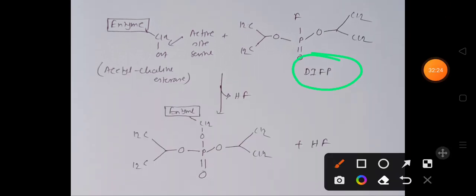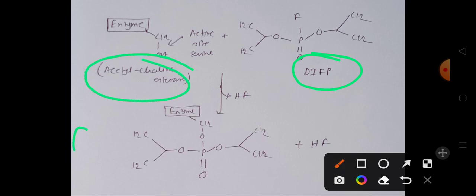This kind of organophosphate has the ability to react with enzymes having an OH group in their active site. OH group means, let's consider serine, okay. So an important enzyme for nerve impulses, for example acetylcholine esterase, is inhibited by diisopropyl fluorophosphate, and that is why we call diisopropyl fluorophosphate a nerve poison, okay.